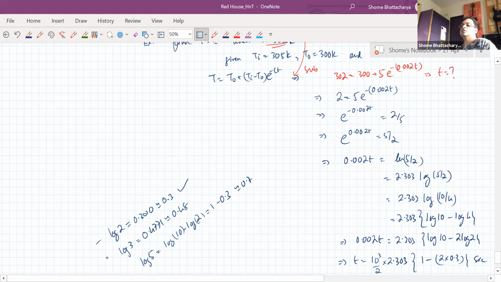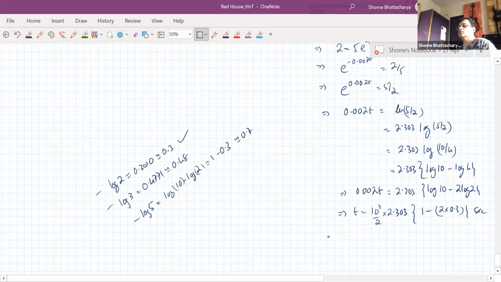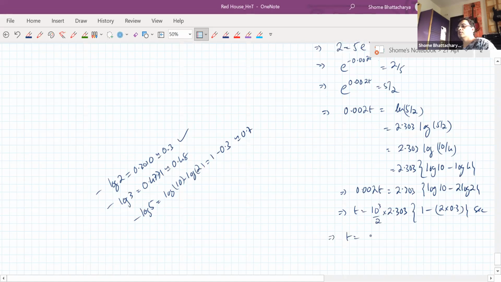Okay, so these are some common values of log. It's worthwhile remembering them for these types of calculations. Into this will become 0.6 or 0.4. So these many seconds. Okay, so you can see that the amount of time it takes is quite large.